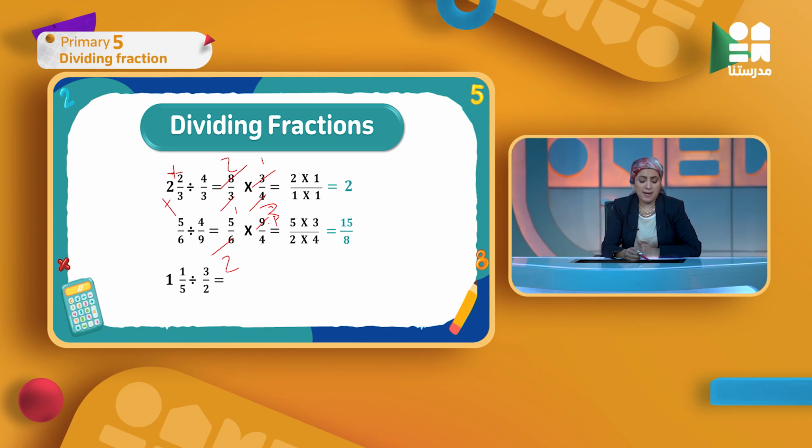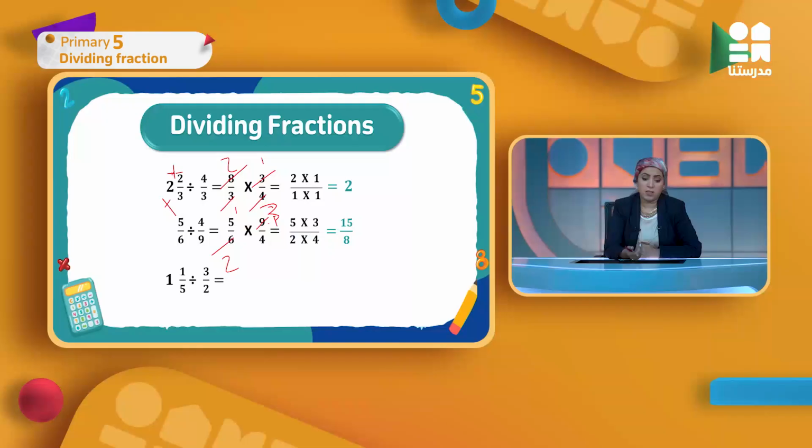Here, another example, 1 and 1 over 5 divided by 3 over 2, then mixed number. 5 times 1 is 5, then plus 1, it will be 6, so it's 6 over 5.